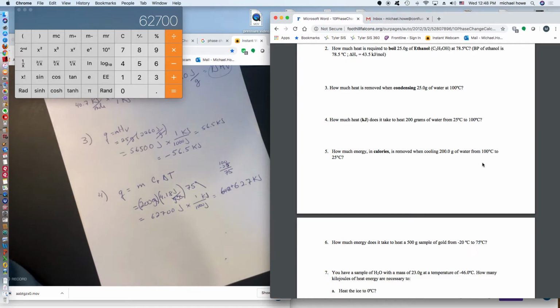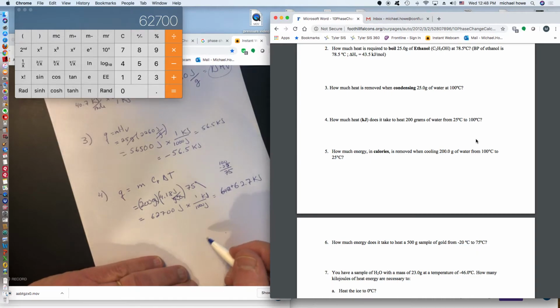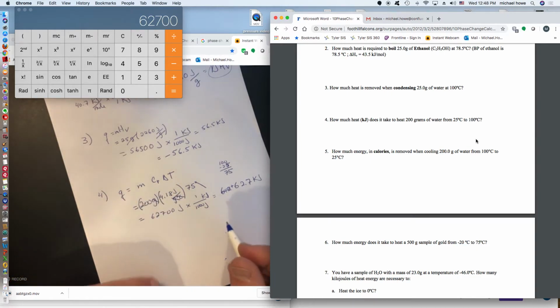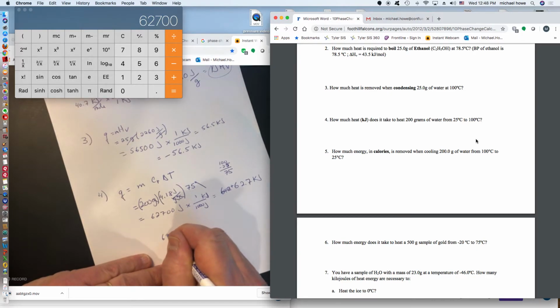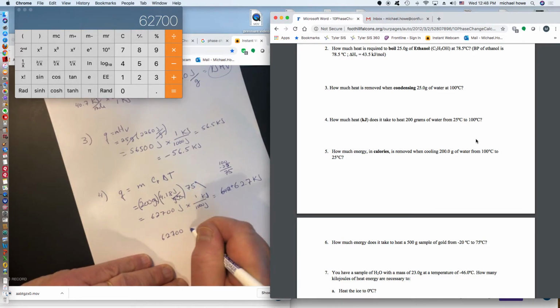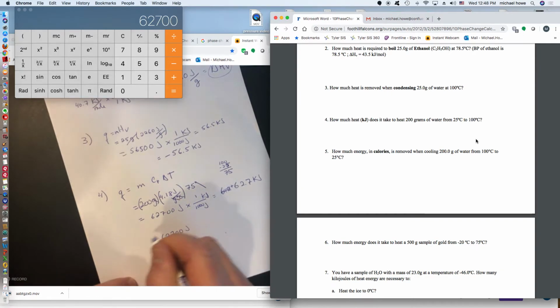The difference is the energy in number 4 was energy being put in, and in number 5 energy is coming out. So that would be exothermic. It's really a negative 62.7 kilojoules, or I'll go back to 62,700 joules. Okay, this is number 5.